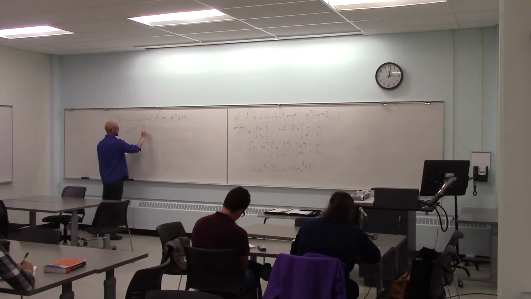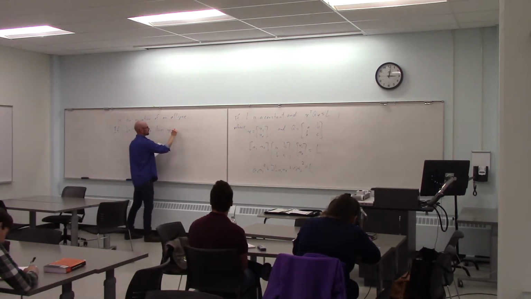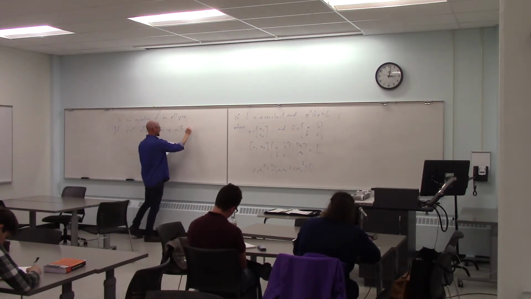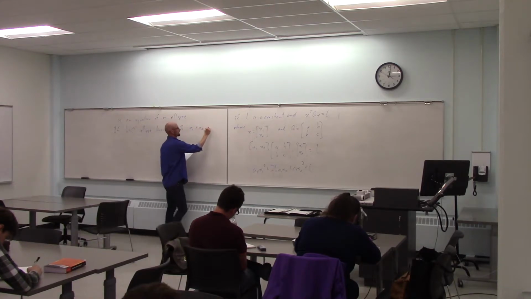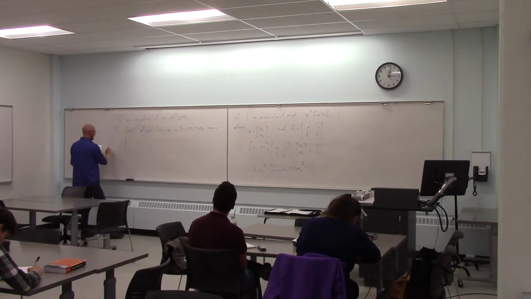If b equals 0, the ellipse lines up with the x1 and x2 axes. So in other words, it might go this way, horizontally.